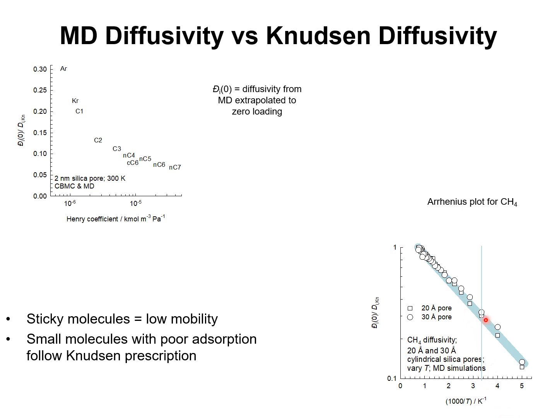Conversely, as the temperature is reduced beyond room temperature, which is about here, the adsorption strength increases and the deviation from the Knudsen formula is even larger.